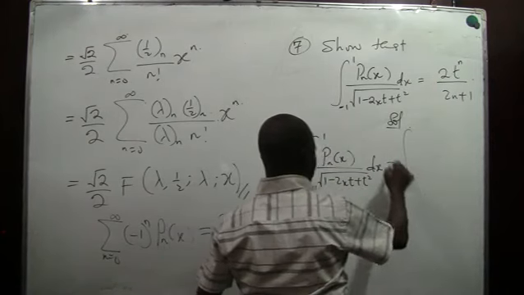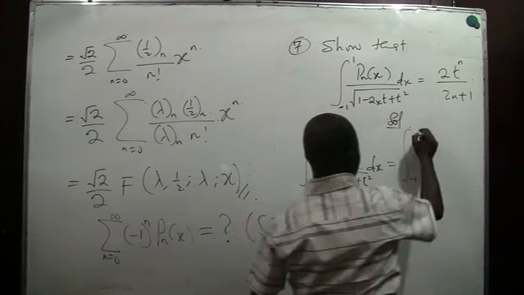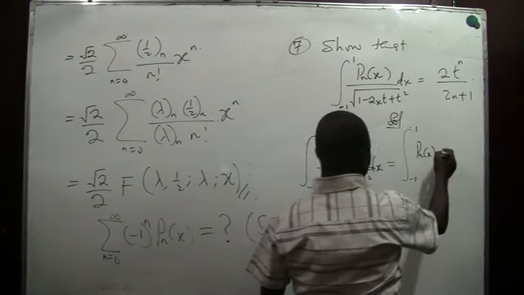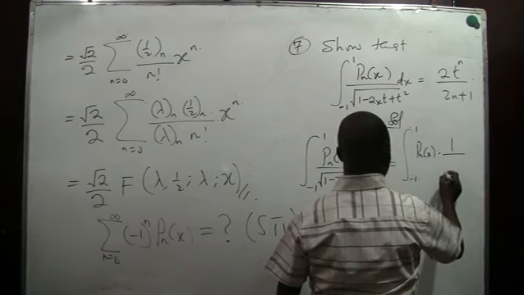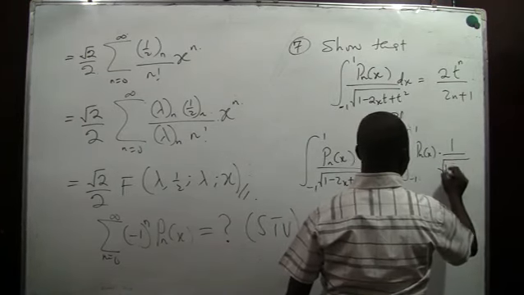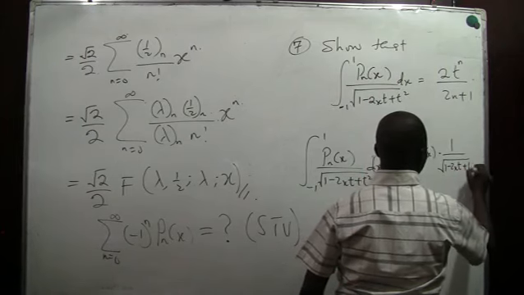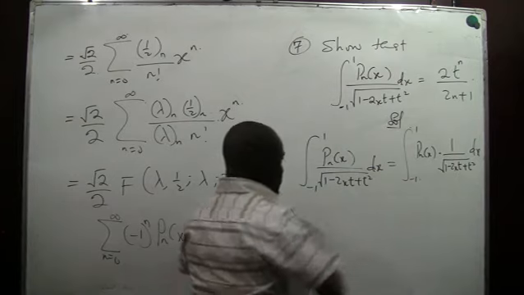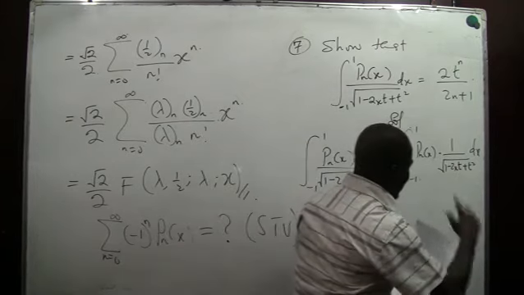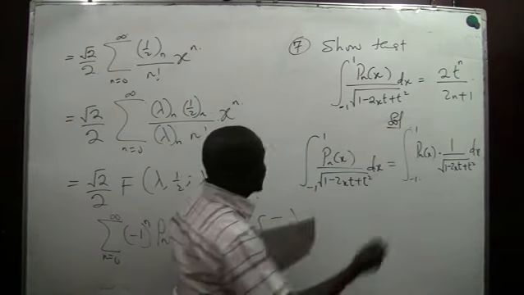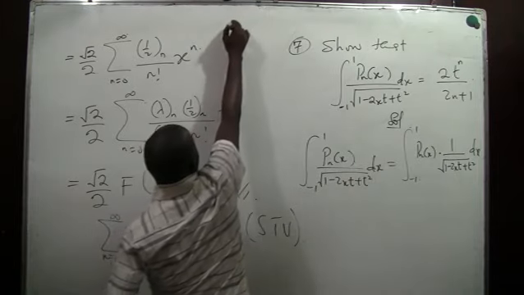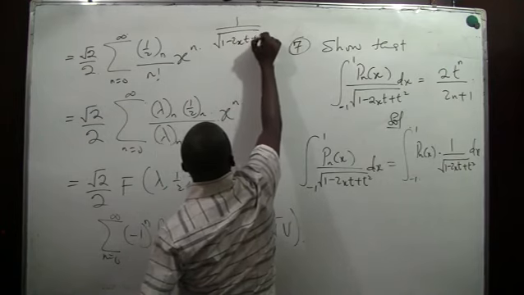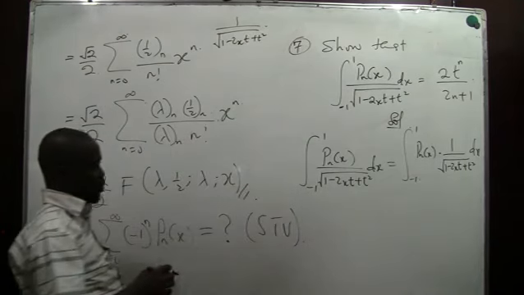Let's separate the integral from minus 1 to 1 of Pn of x multiplied by 1 divided by the square root of 1 minus 2xt plus t squared dx. Yes. What I have here, let me write it here: 1 divided by the square root of 1 minus 2xt plus t squared defines something.